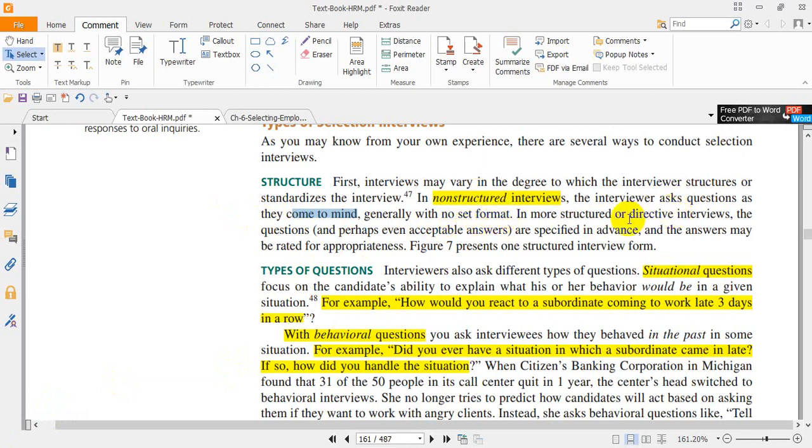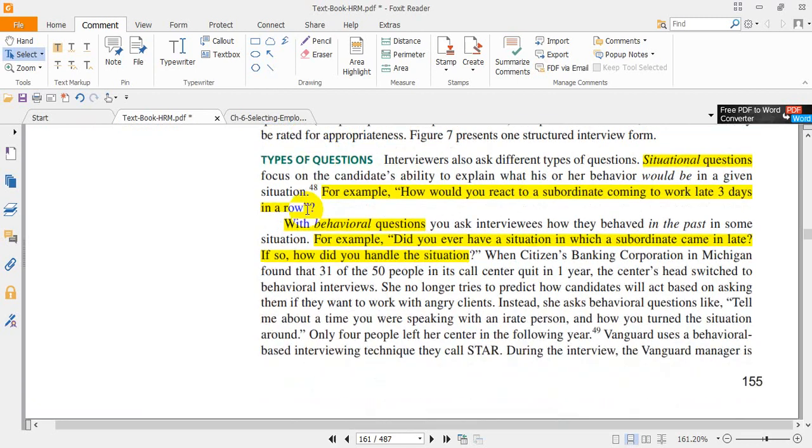In more structured or directive interviews, the questions and perhaps even acceptable answers are specified in advance, and the answers may be rated for appropriateness. Okay? Structured and unstructured interview.